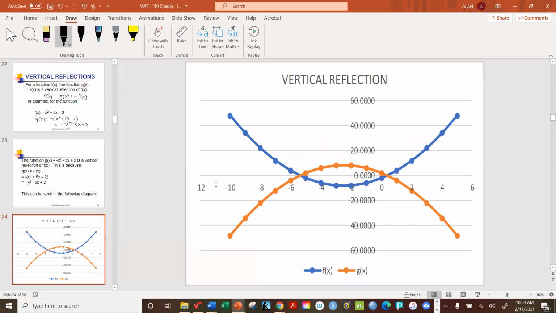Okay, now they do overlap, but you can see very clearly that if you think of the horizontal axis as the surface of a very still lake, when the blue curve looks in the water, it's not a perfect analogy, but you can see that they're the same from top to bottom. What's going on above this line matches what's going on below the line, except for the colors, of course.